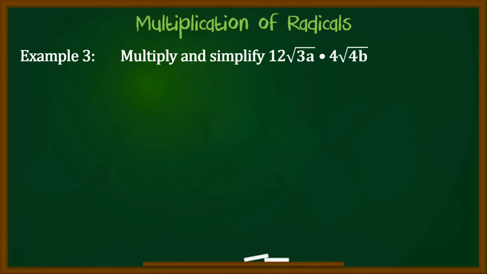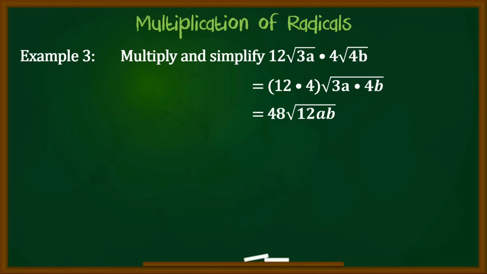Example number 3. Multiply and simplify 12 square root of 3a times 4 square root of 4b. So we multiply first both the coefficients, so we have 12 times 4, and then multiply both the radicands. So we have the square root of 3a times 4b. 48 times the square root of 4 times 3ab.